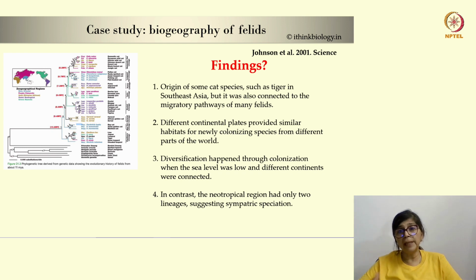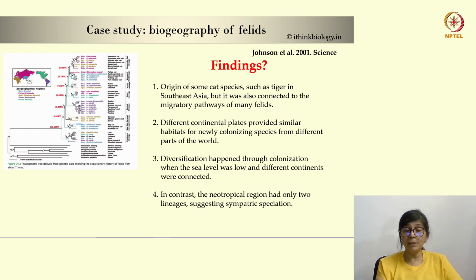Different continental plates provided similar habitats for newly colonizing species from different parts of the world, right? And diversification happened mostly through colonization in India because, as I said, the blue is scattered in the phylogenetic tree, if you can see.